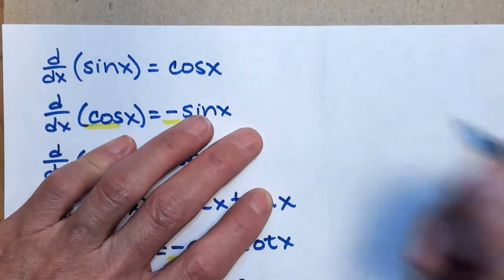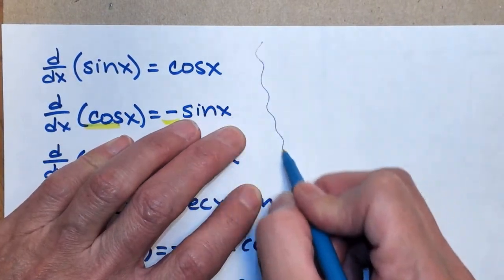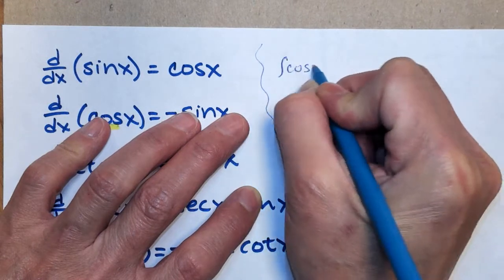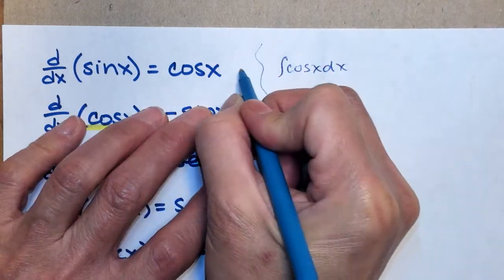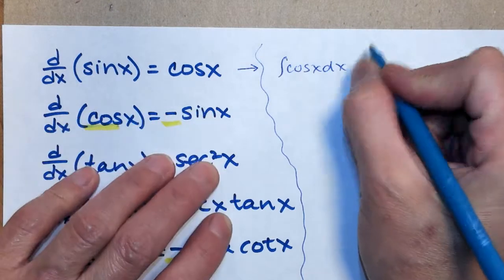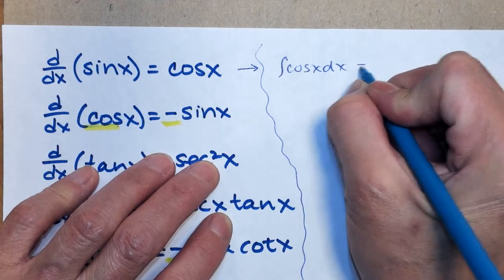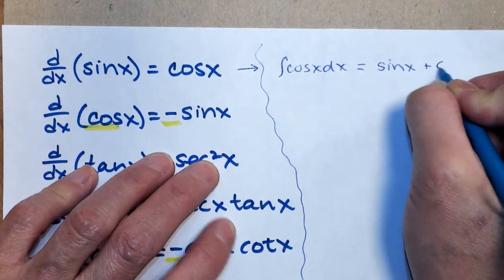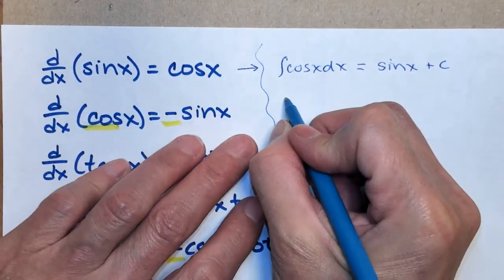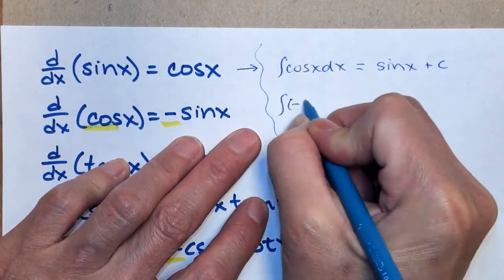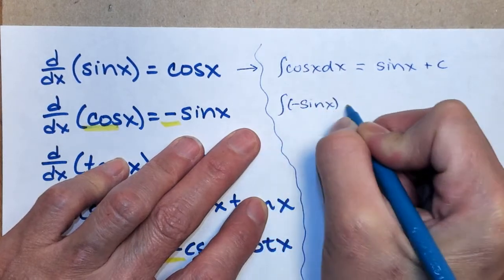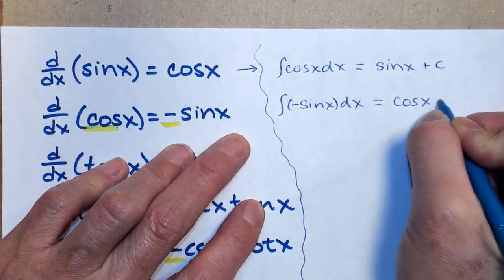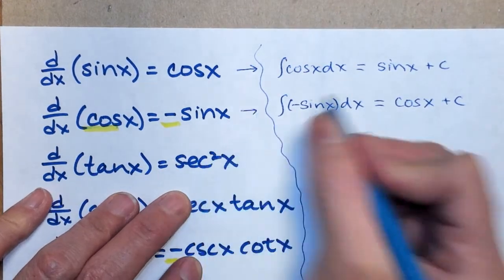So let me write the parallel here. The integral of cosine is sine, plus c, of course. But the integral of negative sine is cosine, plus c. And so on.